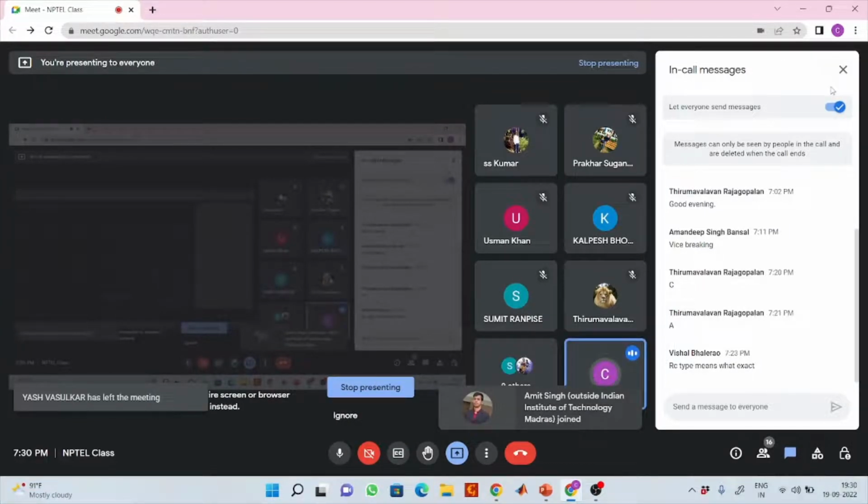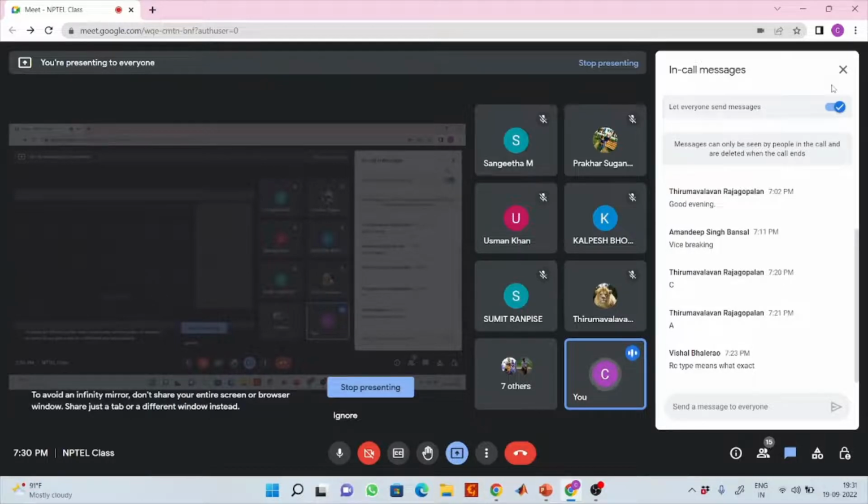Okay, RC type means what exactly? Actually, this is a kind of resistor capacitor circuit. We have seen RC type circuits in electrical signals also. It basically consists of both a resistor and a capacitor. The resistor dissipates the electrical energy, while the capacitor stores the electrical charge.